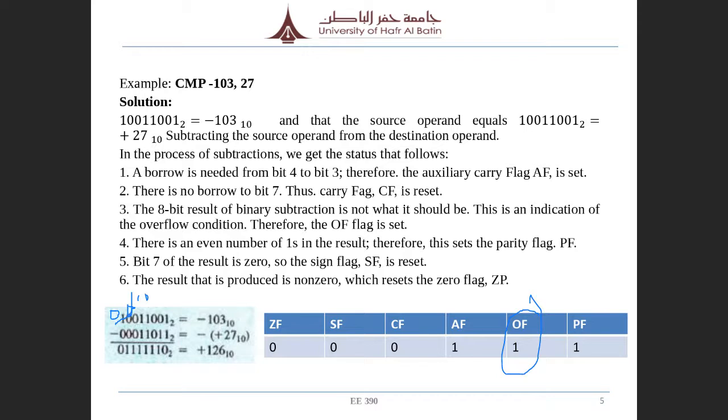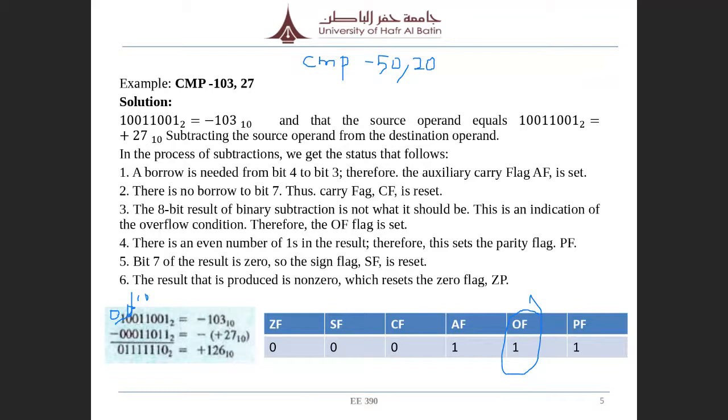It was CMP minus 50, 20. Okay, so let me discuss this one.